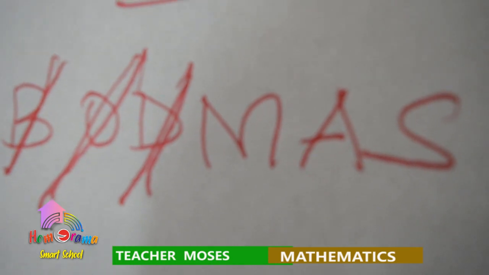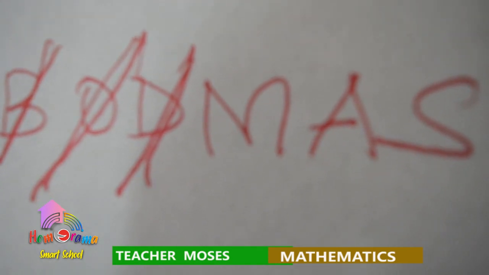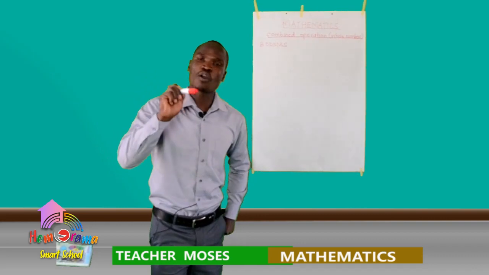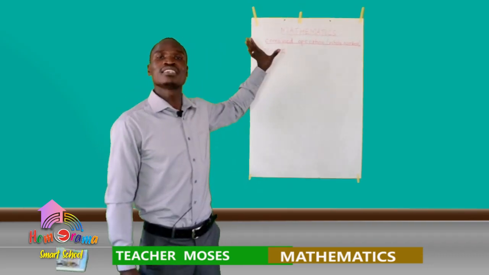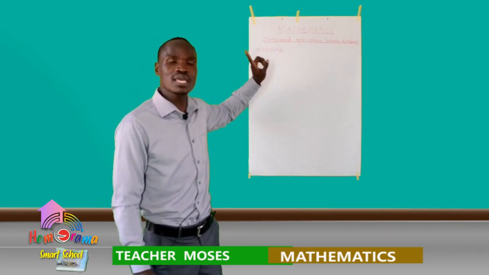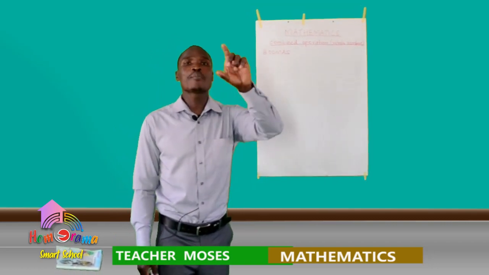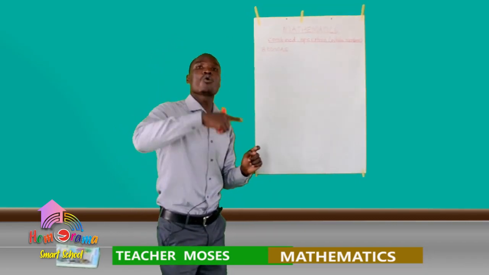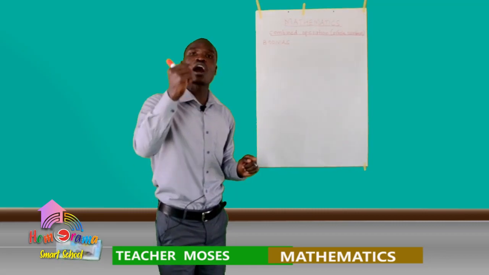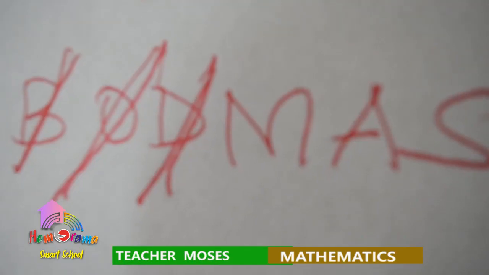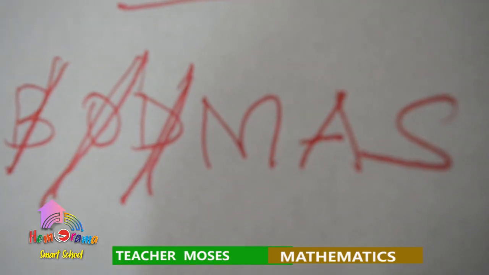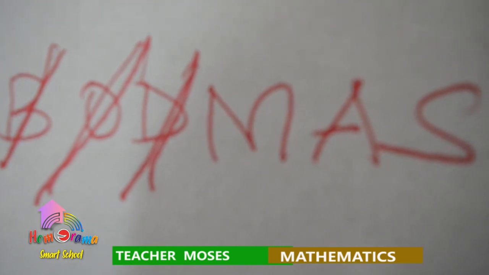This rule says that when you're working out a question under combined operations, first start with the bracket, B. If the bracket is not there, you go to the next. You check if you have of. If you have it, you work it out. If it is not there, you go to the next.